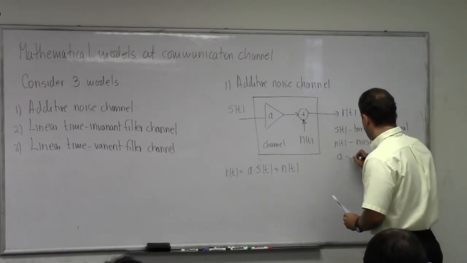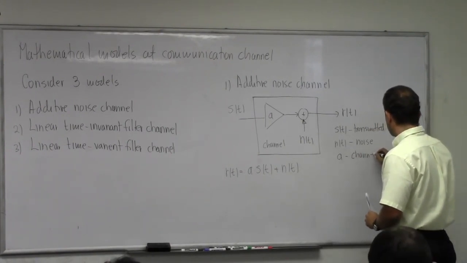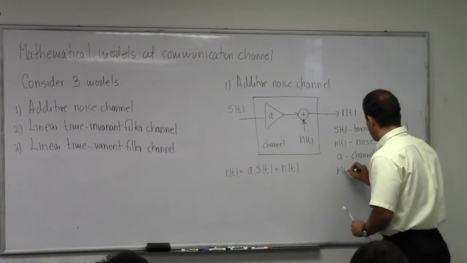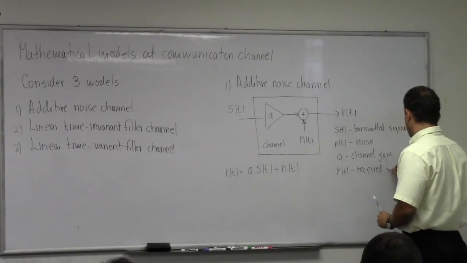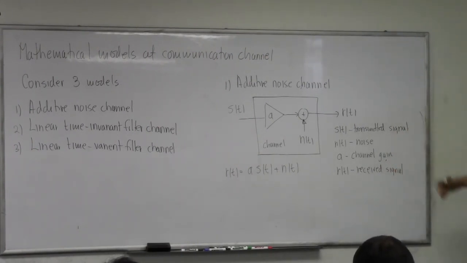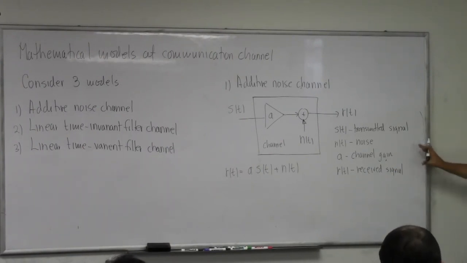This A is going to be channel gain. And this R of t is the received signal. I purposely spell them out here because I'm going to be using the same notation for other channels, but I'm not going to define them over there. The same definitions will hold.